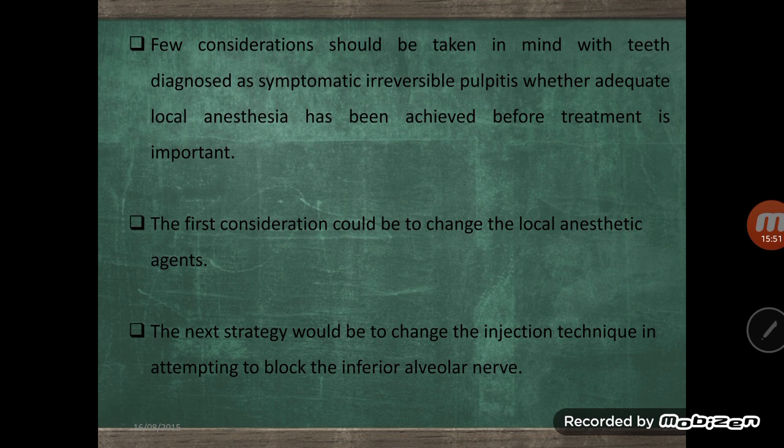The first consideration should be to change the local anesthetic agent. Logically we use lignocaine, right? So what to change is the next question. The next strategy would be to change the injection technique, attempting to block the inferior alveolar nerve. So either we need to change the local anesthetic or change the injection method.